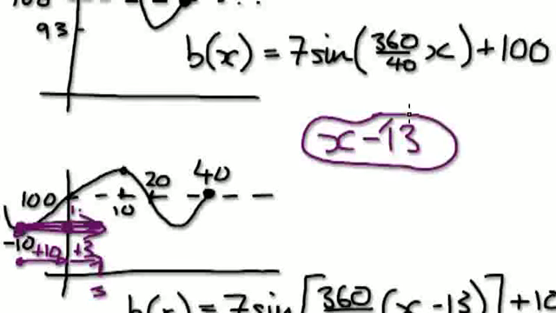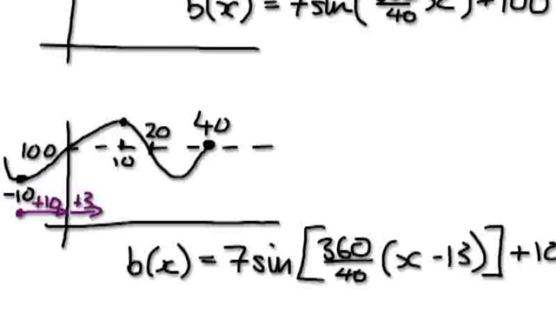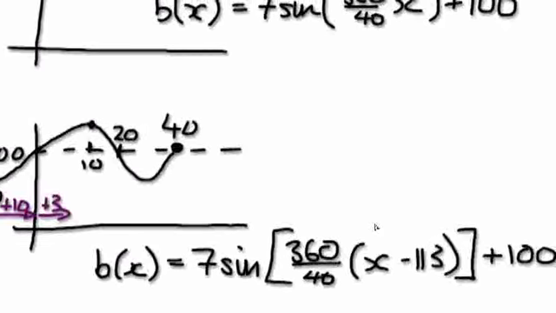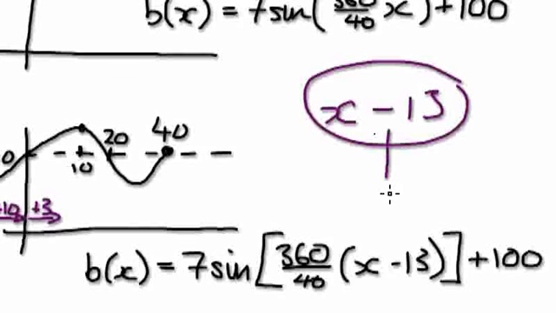This exists in a bubble, so you need to put it into this whole thing here. Everything else is the same, but you put x minus 13 into this bit here.